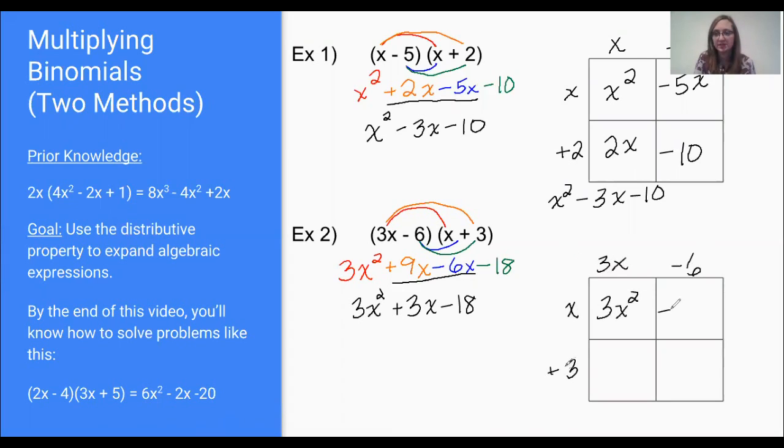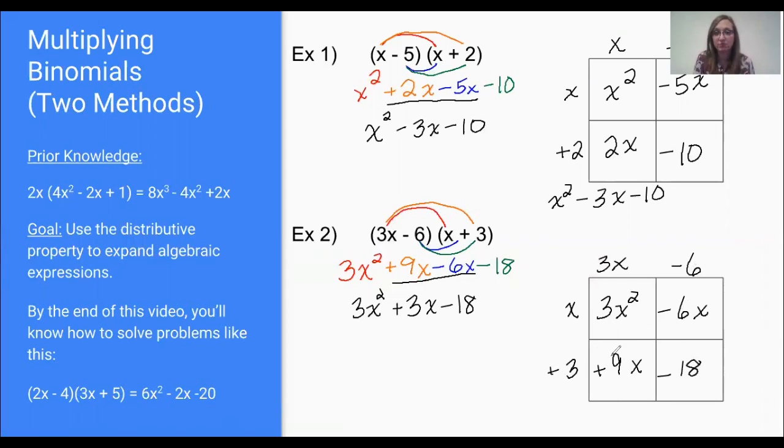Negative 6 times x is negative 6x. 3x times 3 is positive 9x. Now, I like writing my positives and negatives inside this box just because it emphasizes the sign of each term. And then negative 6 times a positive 3, which would give us negative 18.